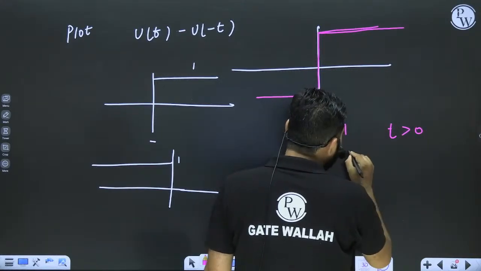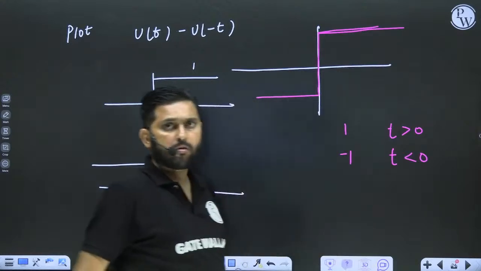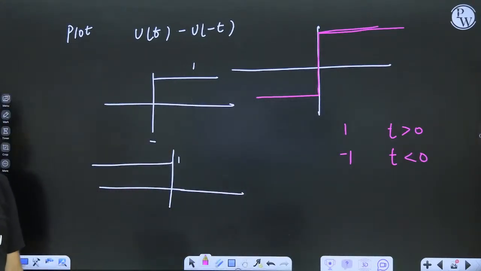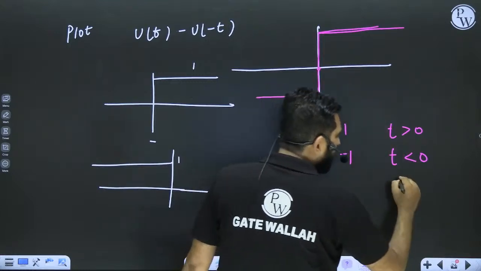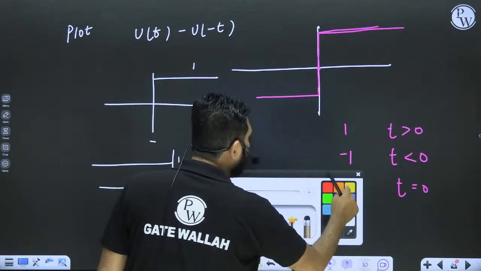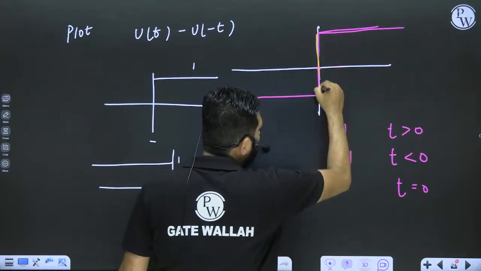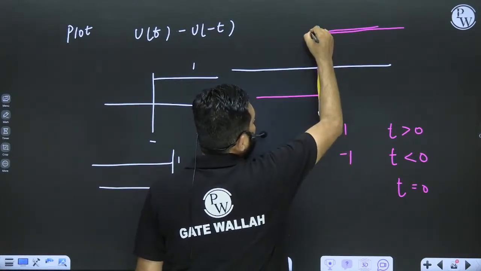It is minus 1 when t is less than 0. But what is the value at t equal to 0? At t equal to 0, don't you think that again I have a jump?